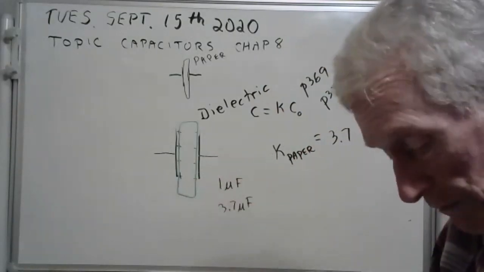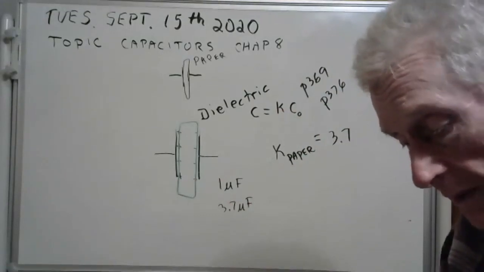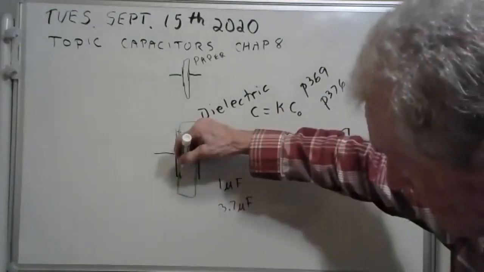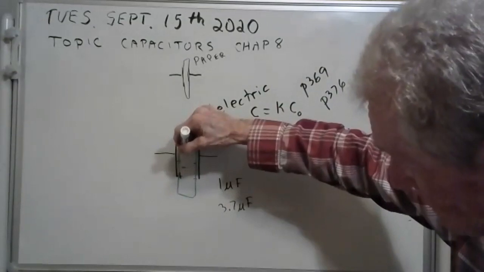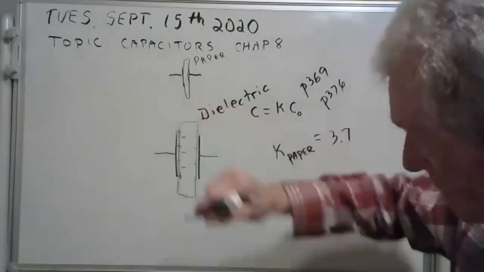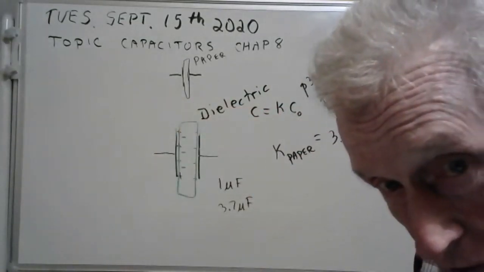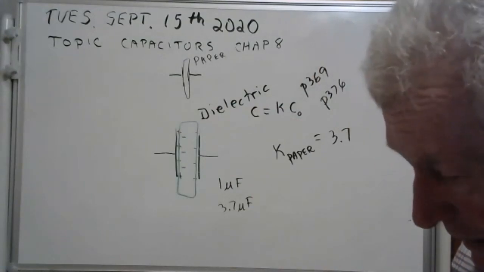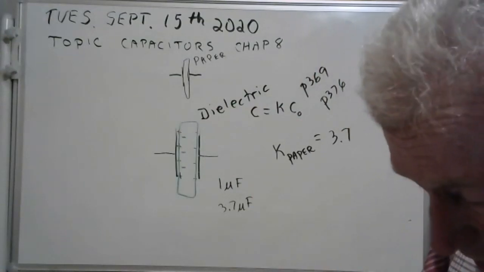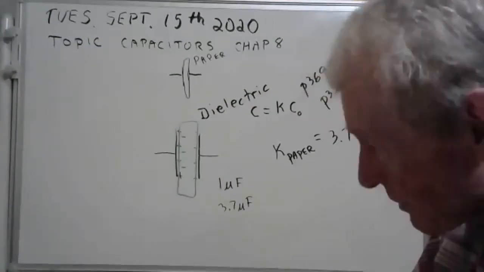And so you'll have, we'll make some negatives in green here. I don't know if you can tell that's green. But you'll have some, there's really no electrons there. It's just that they shifted in their atoms.